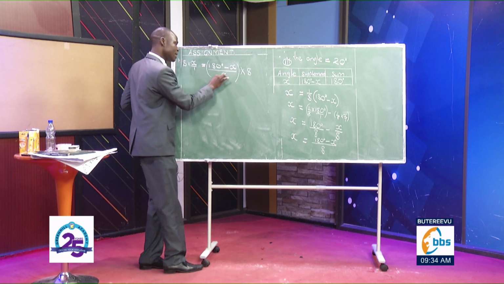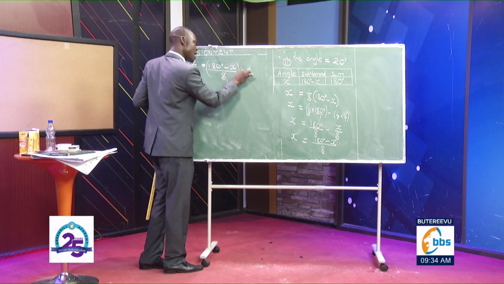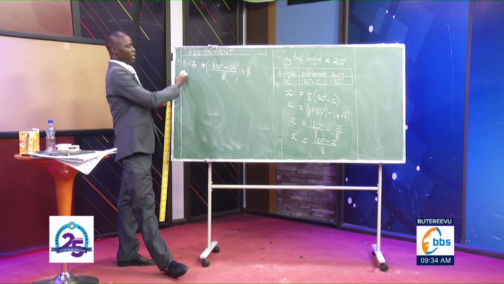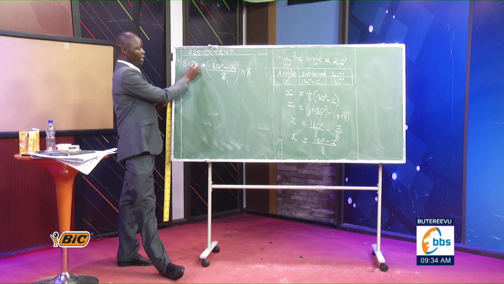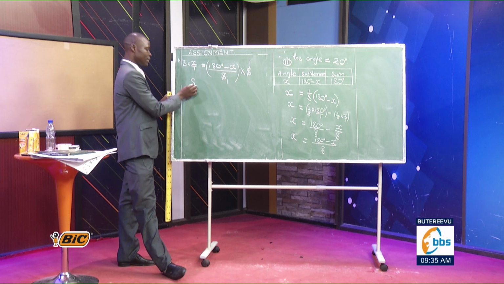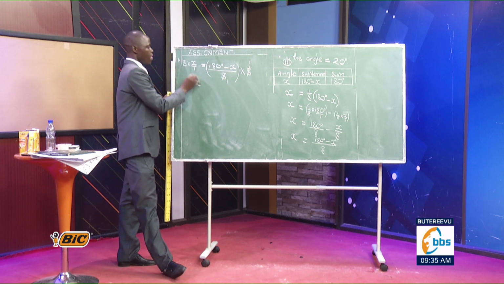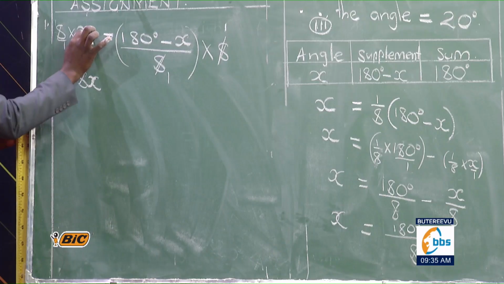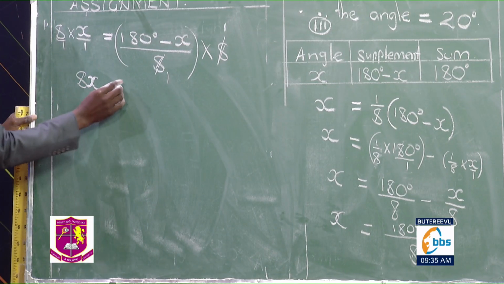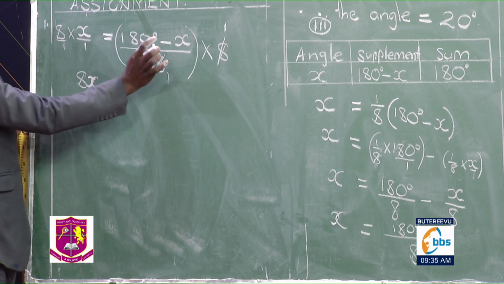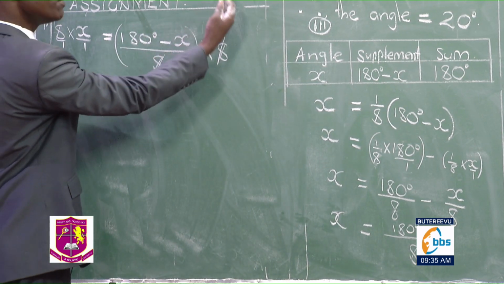So I'll say by 8 here once, by 8 there once. Here what I'm left with is 8 times x out of 1. I'll just get x out of 1, which is just 8x. 8 times x is 8x out of 1, which is equal to 180 degrees minus x times 1.